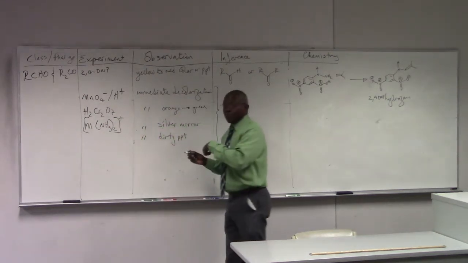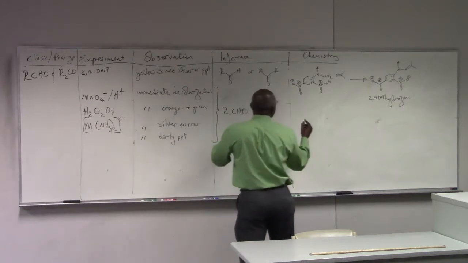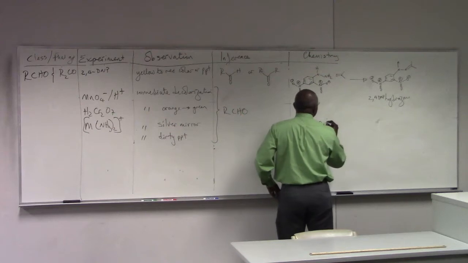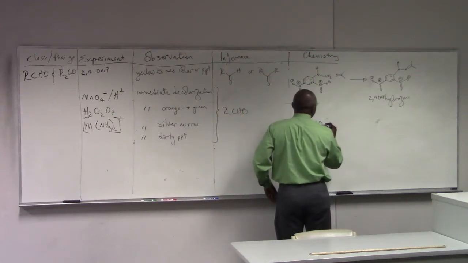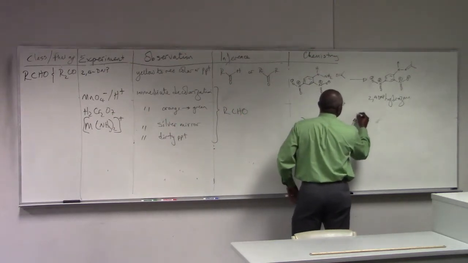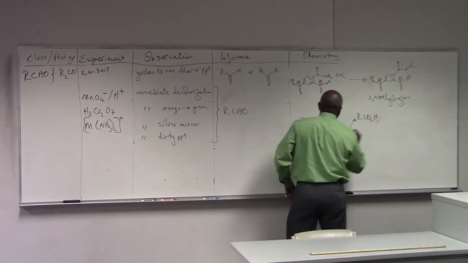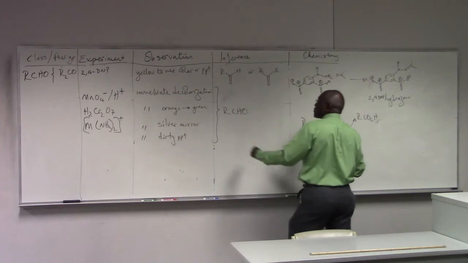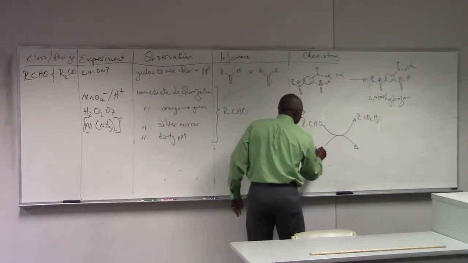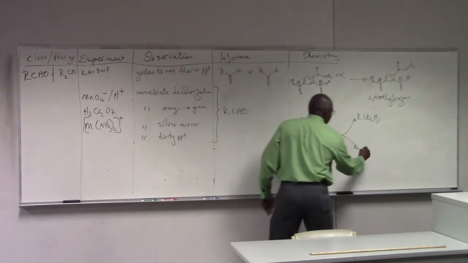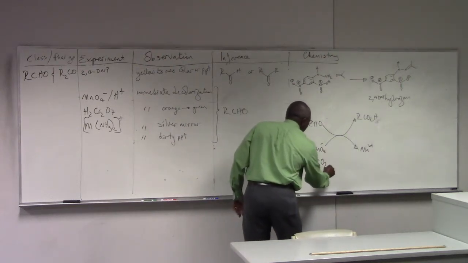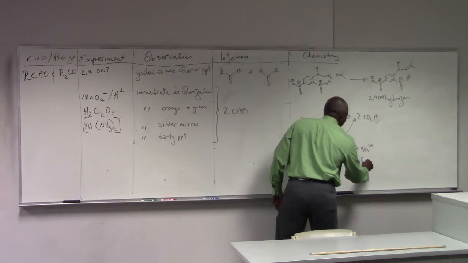It's not a ketone, because the aldehyde is oxidizable into the carboxylic acid, whereas whatever your species is gets reduced. So if it were permanganate, it gets reduced to manganese 2+. If it was dichromate, that gets reduced into chromium 3+.